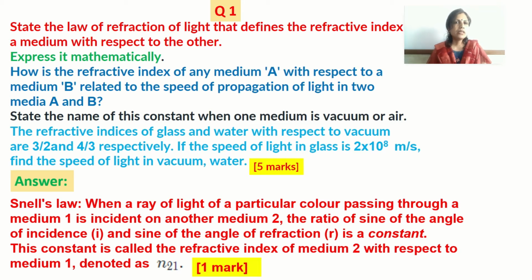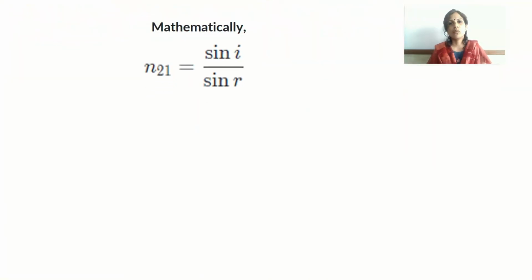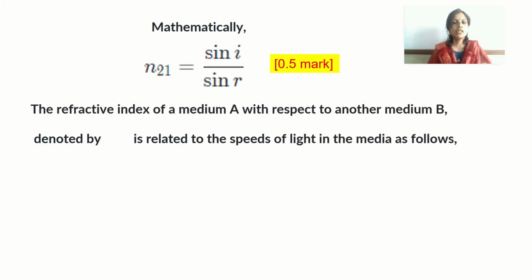You have to express this mathematically, so it's easy. N21 is equal to sin i upon sin r. For writing this, half mark will be given. Next part of the sum, you have to write refractive index of medium A with respect to other medium B, which is denoted by NAB, in terms of or how it is related with speed of light in the media.